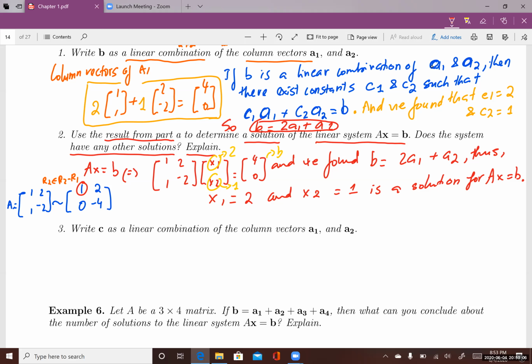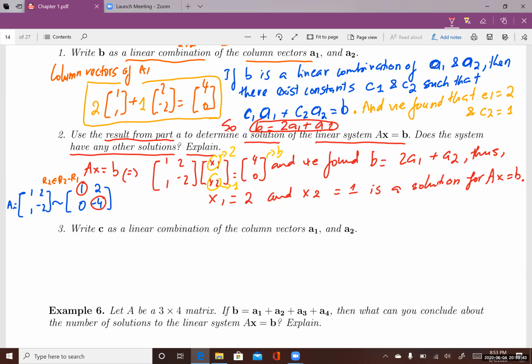And this is also another pivot position, so the second column is another pivot column. You only have two columns, which means two variables, and both of them are pivot columns. So you have two leading variables: x1 is one leading variable, x2 is another leading variable, and you don't have any free variable.